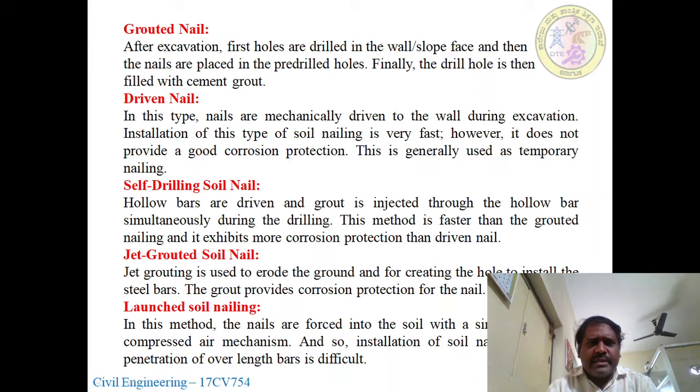In the third case, the self-drilling soil nail, hollow bars are driven in and grout is injected through the hollow bar simultaneously during the drilling. This method is faster than grouted nailing and exhibits more corrosion protection than driven nails. It is the same procedure as bore wells: the drilling with the hollow bar or pipes is inserted during the drilling process.